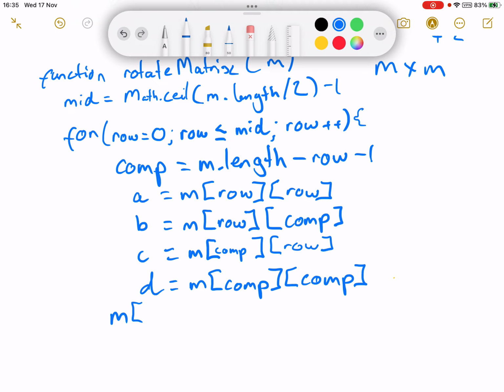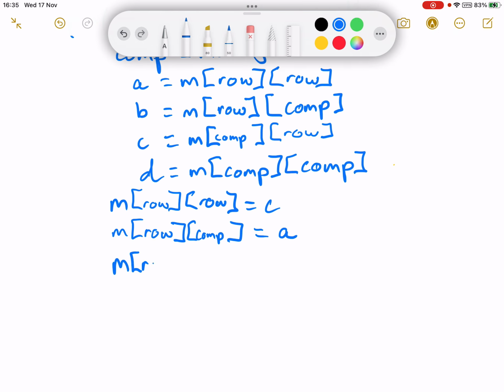So that means M row is equal to C. M row comp is equal to A, and M comp row is equal to D. No, not D. Comp row.